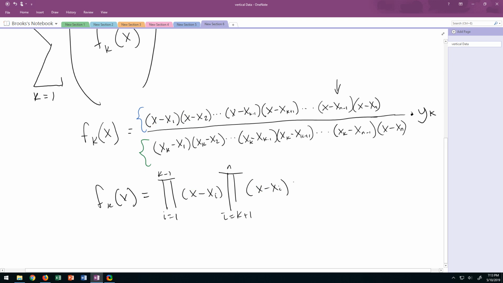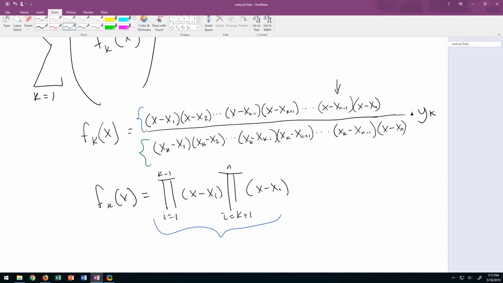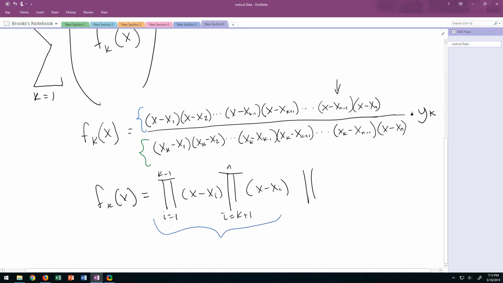All right, so let's continue. F sub k. So I've got my blue chunk, right? This is my blue chunk. And now I need my green chunk. All right, so let's go i equals 1 up to k minus 1. And now I need 1 over x sub k, which is a known value, minus x sub i.